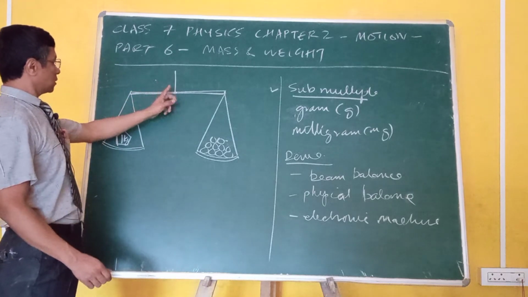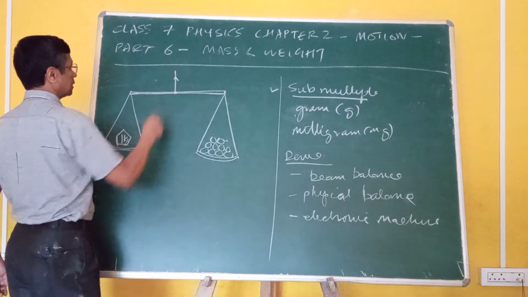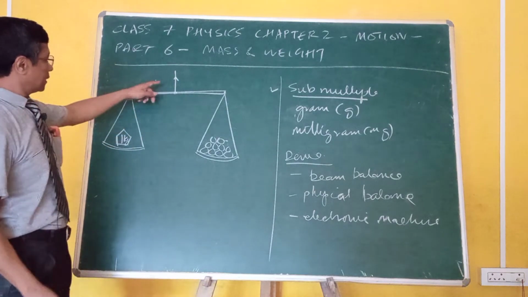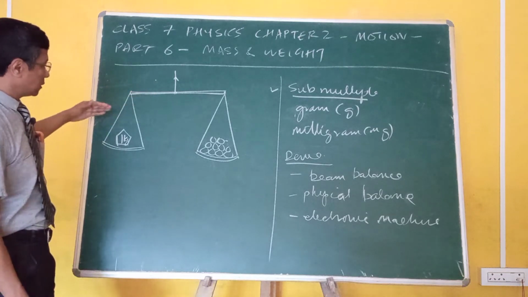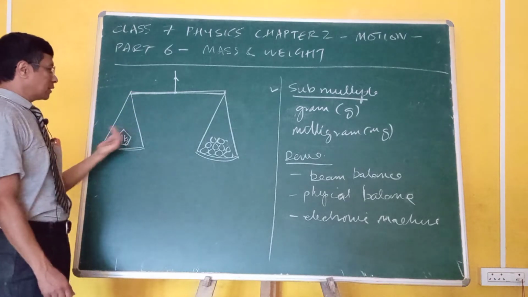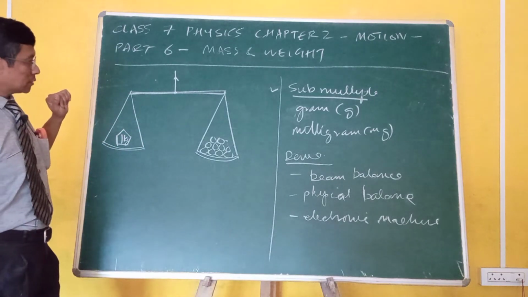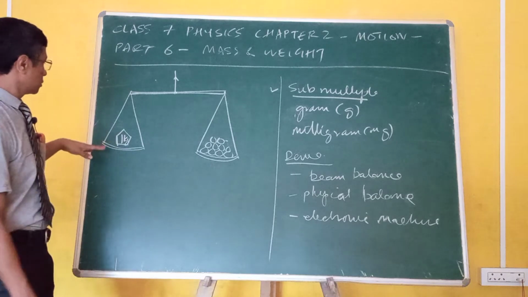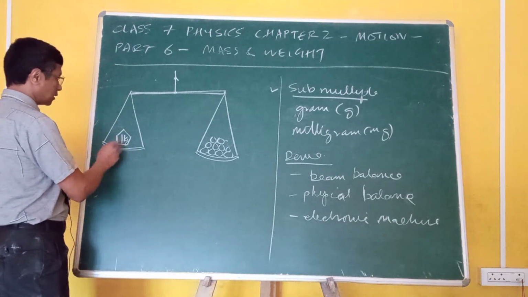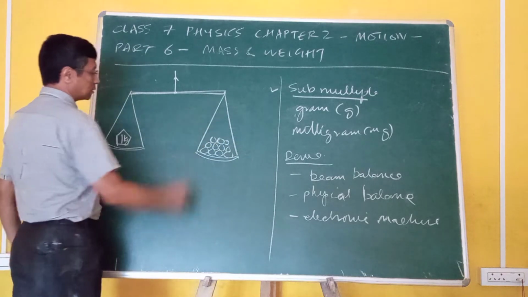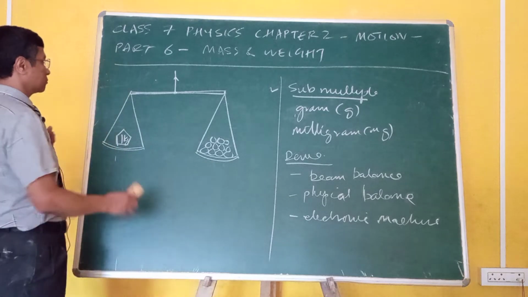There's a needle on top of the beam which, when it points exactly vertically, indicates that the beam is horizontal, balanced and in equilibrium. That means the weight on the left side and the right side is equal. This is the way a beam balance is used to measure mass. So if you put a 1 kg mass on the left side, whatever item you are weighing will also have a mass of 1 kg.